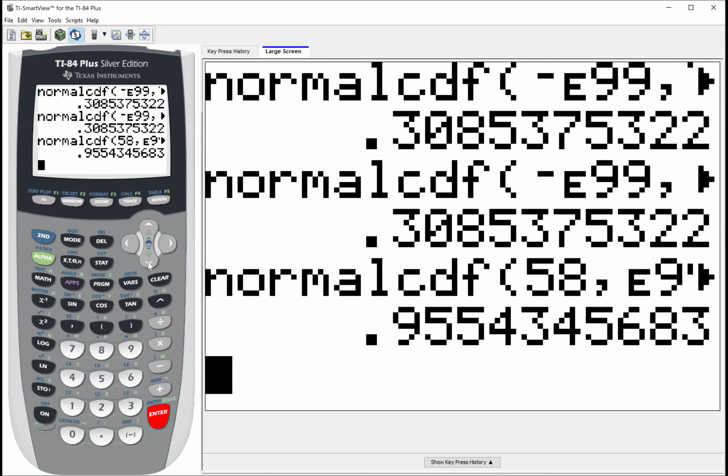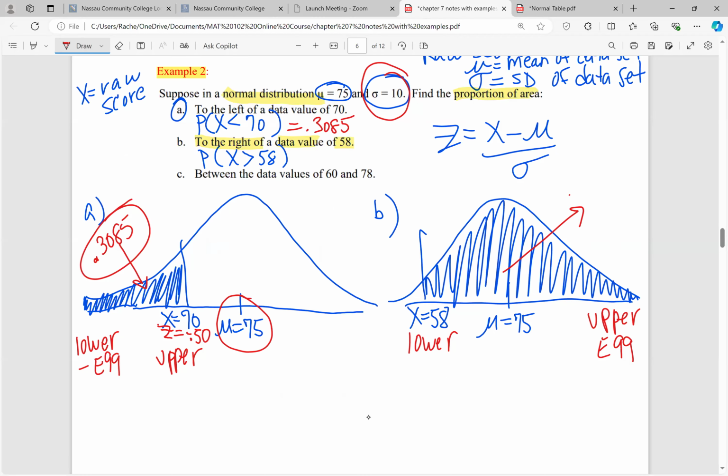And we get 0.9554 to 4 places. So that's the proportion of shaded area, 0.9554. So that was part B.